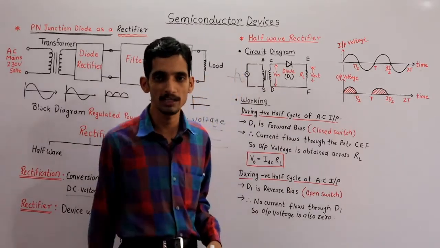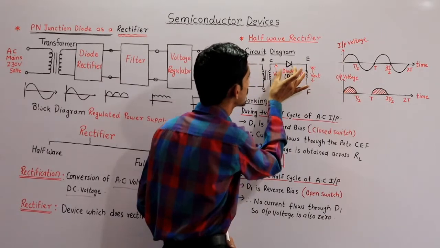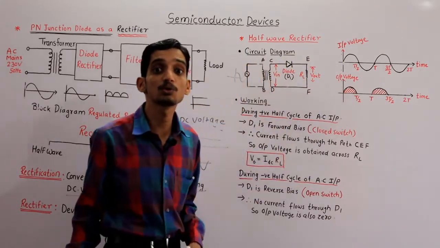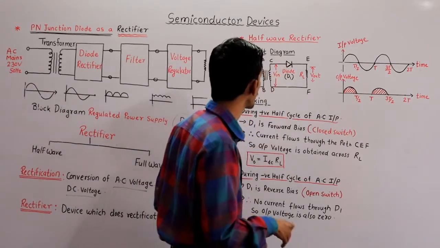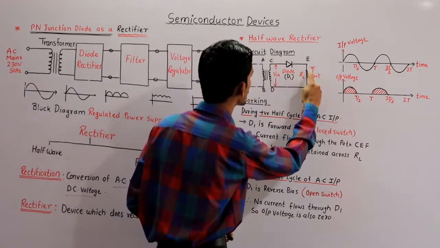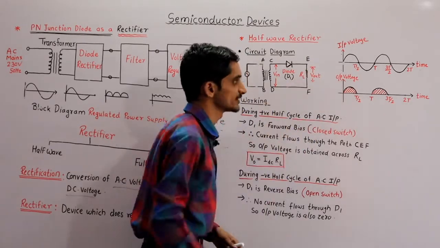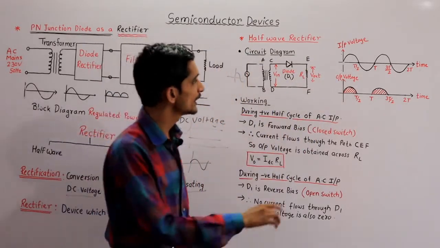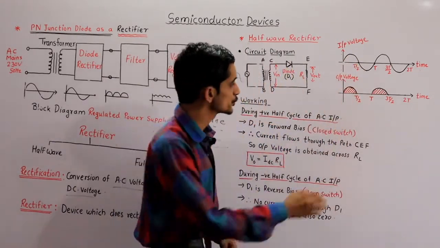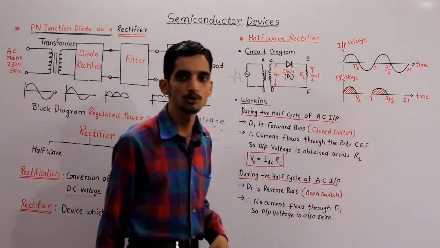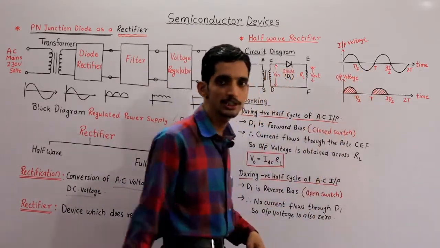So during this half cycle, the diode acts as a closed switch. The current will take path CEF and flow through this load resistance RL. And you are getting the output voltage for this half cycle as shown in the figure, from 0 to T/2 period.